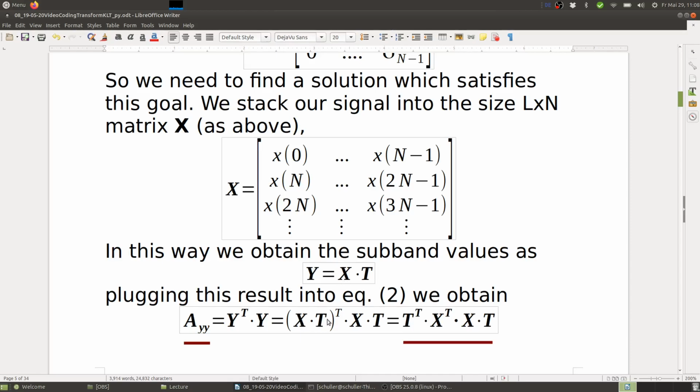So we have X times T transpose times X times T, and if we transpose a product, we apply the transpose to each of the product's factors, and then switch the order. So we have then T transpose X transpose. This is what we see here. So here we have T transpose X transpose times X times T.